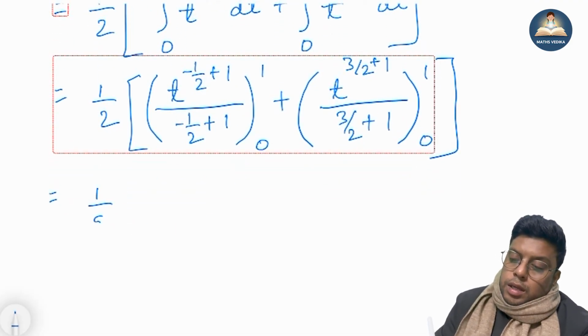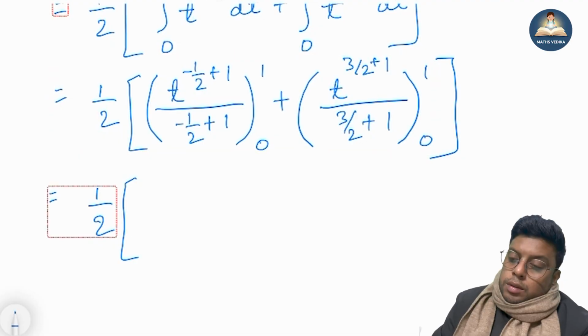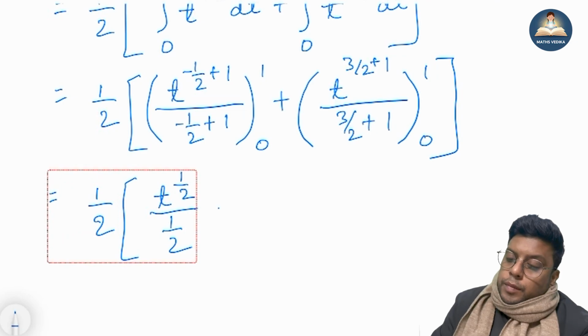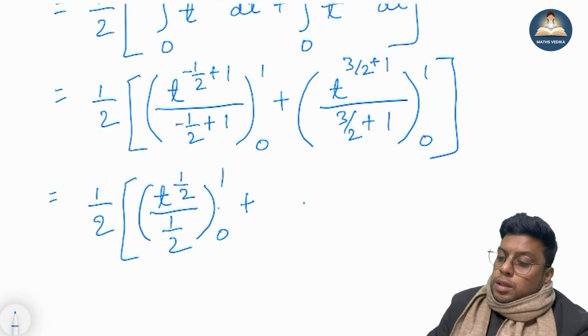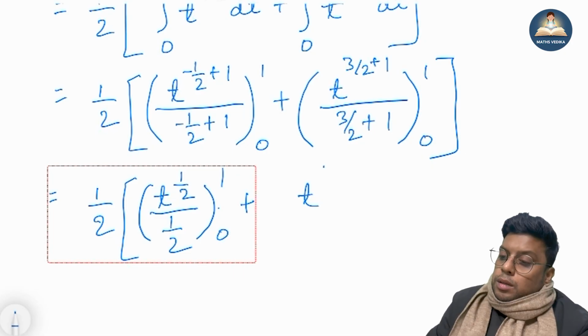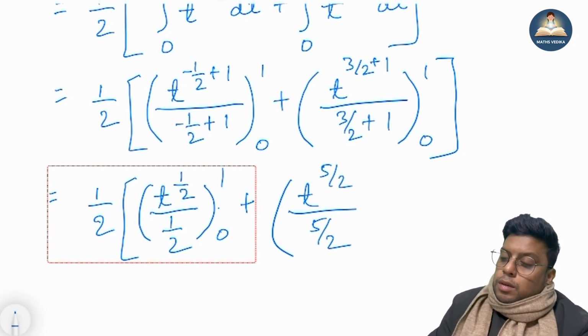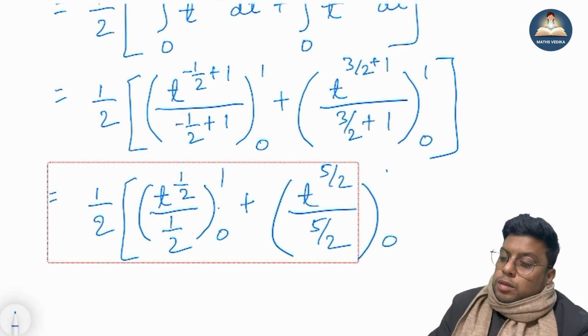This is equal to half, t to the power half divided by half from 0 to 1, plus t to the power 5 by 2 divided by 5 by 2 from 0 to 1.